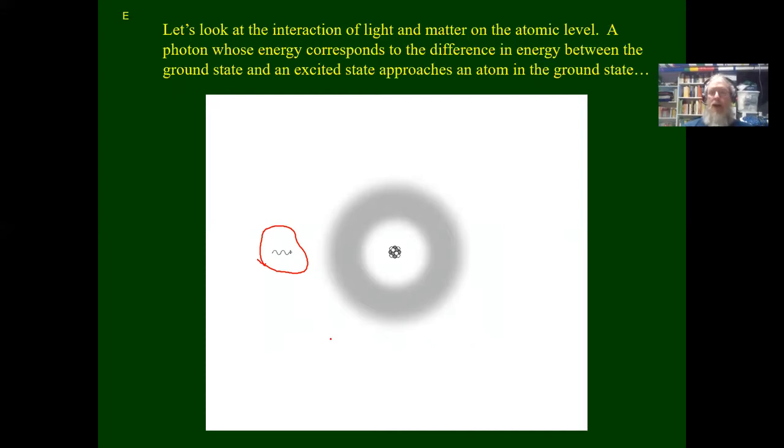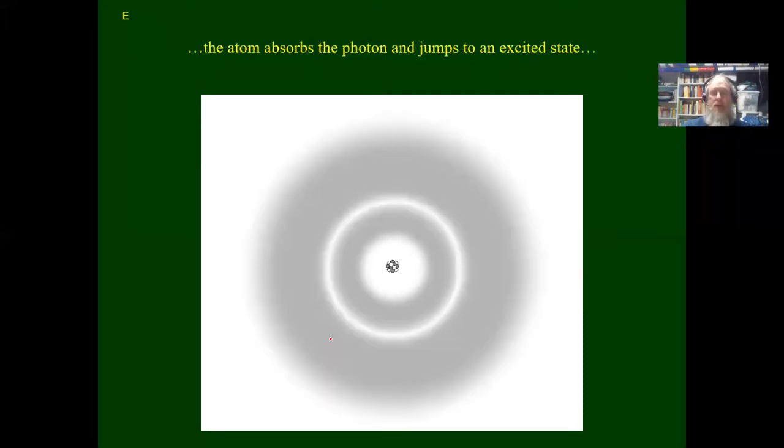Now, if you remember what we had previously said about energy levels in atoms, let's say that the energy of that photon happens to correspond to the difference in energy between the ground state of this atom and one of its excited states. If that's true, then that atom can absorb the photon. The photon ceases to exist, but energy still has to be conserved. So to conserve energy, the atom jumps to an excited state.